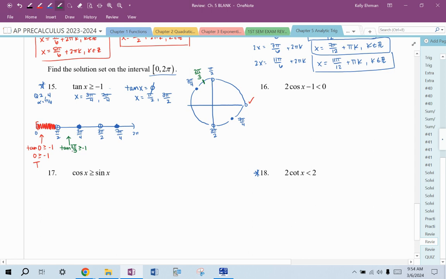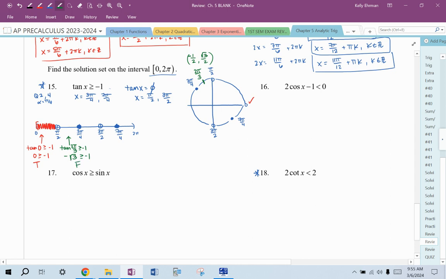So if I knew tangent was positive, I'd say true. What is the coordinate at 2 pi over 3? The coordinate is negative 1/2, radical 3 over 2. So tangent is negative radical 3, and that is not greater than or equal to negative 1. Be careful with negatives.